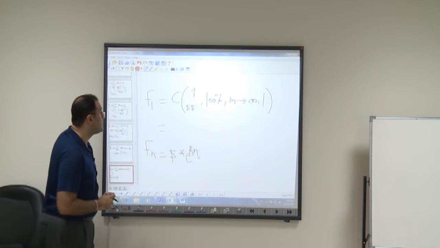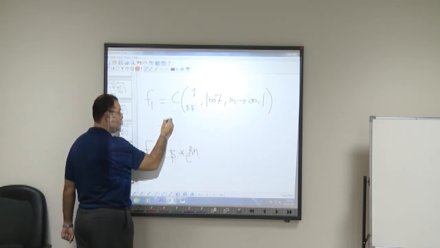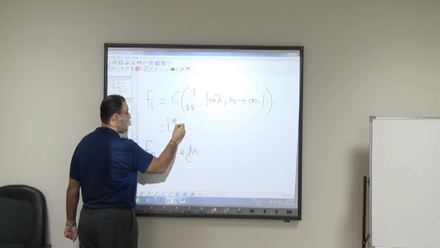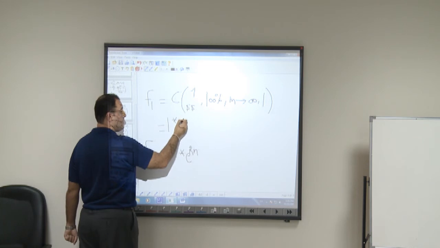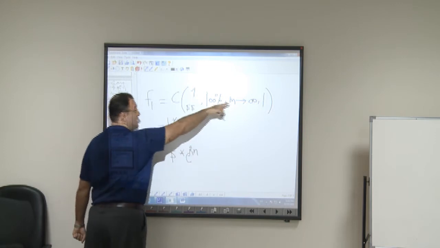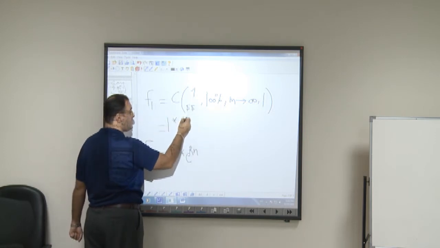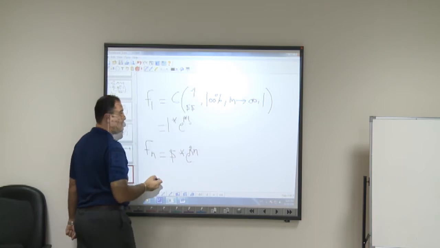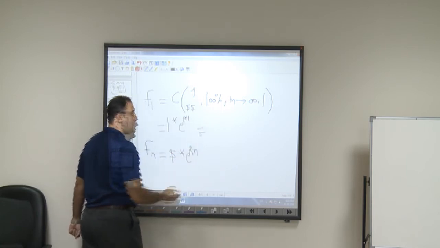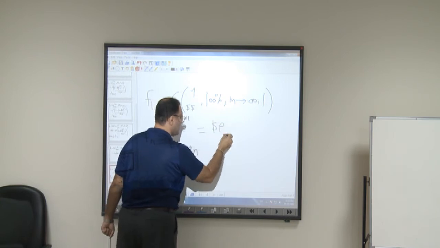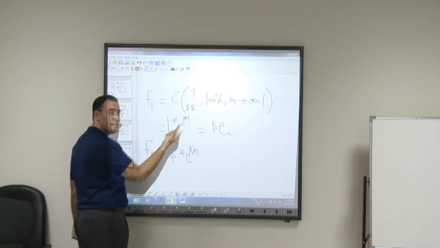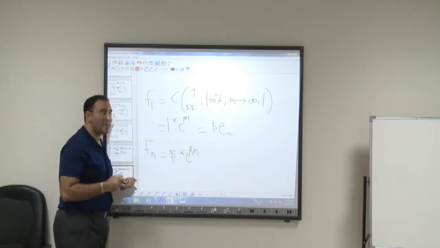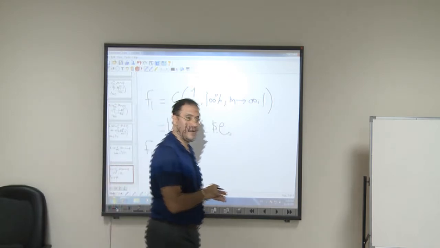Now, how much is the dollar amount? 1 times E to the power of r, which is 100%, which is 1, times n, and n is 1, so it's 1 times 1. Which is going to be e dollars. 1 times e to the power of 1 is e, and e times 1 is e.